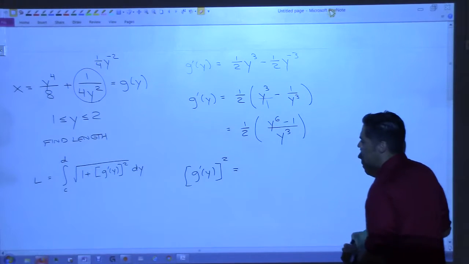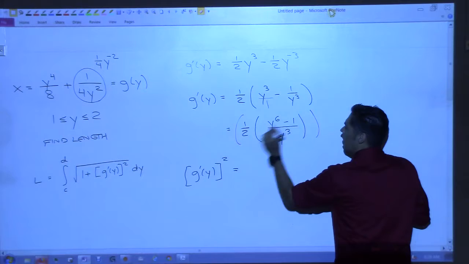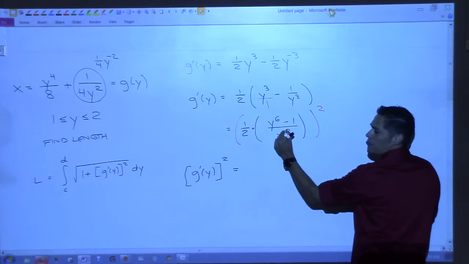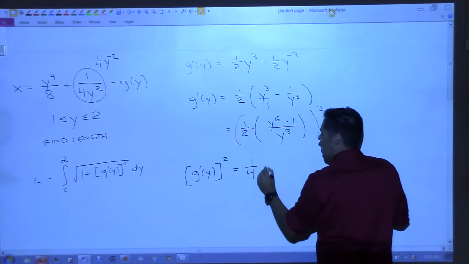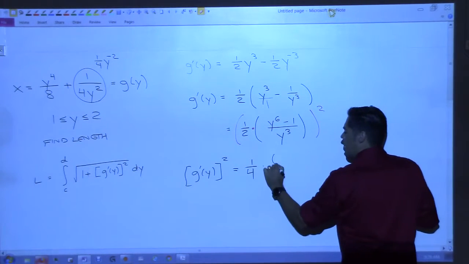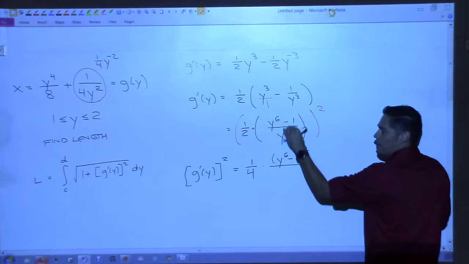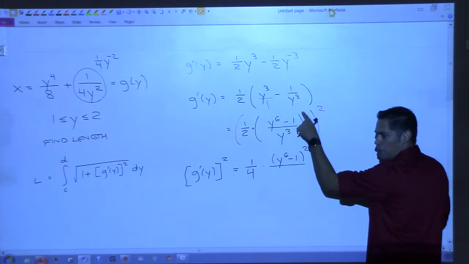I just want to show you something different. If I take this and square it, because that's multiplication, I square the 1/2, then I square this fraction. When I square the 1/2, I get 1/4. And when you square a fraction, you just square numerator and denominator separately.